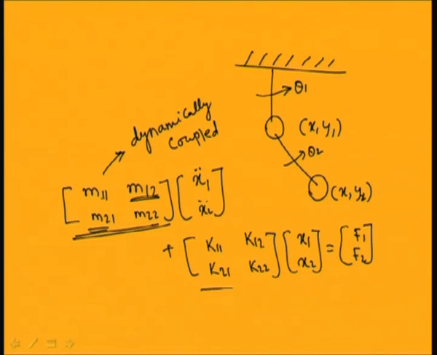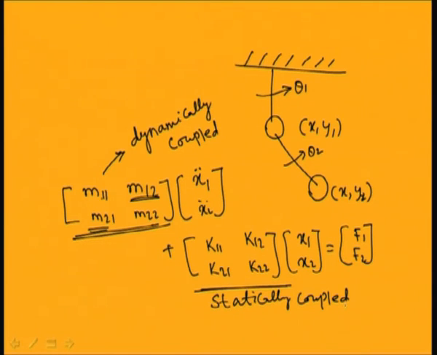Similarly, in the case of the stiffness matrix, if some off diagonal terms are present, then the system is said to be statically coupled. You have already seen the cases of statically coupled and dynamically coupled systems.